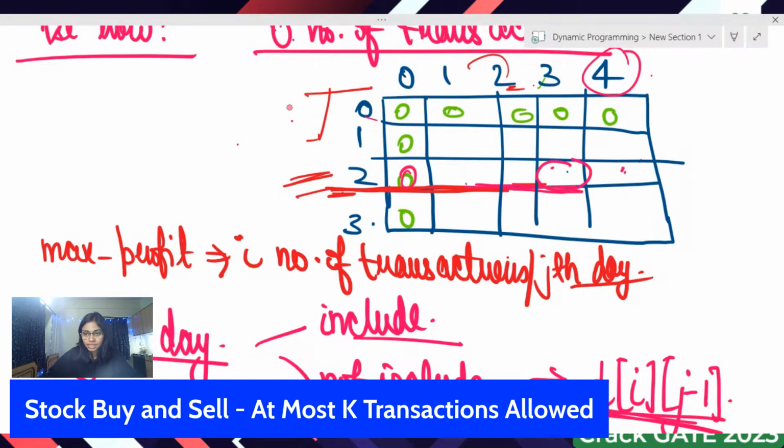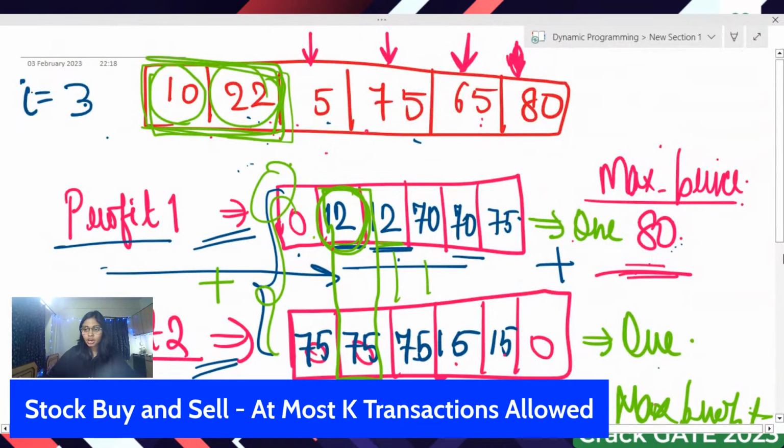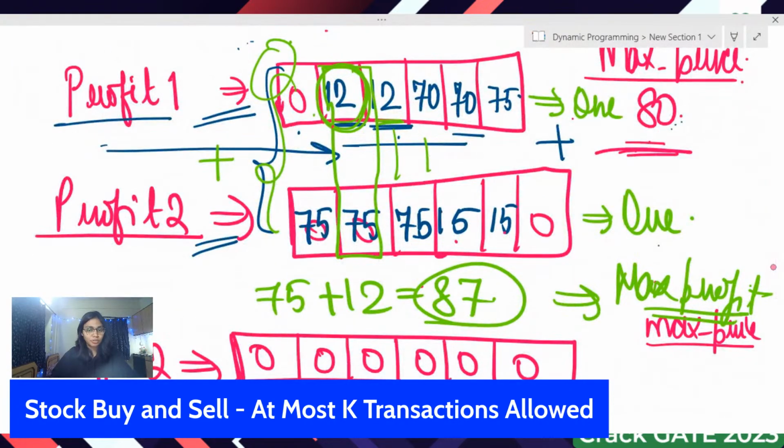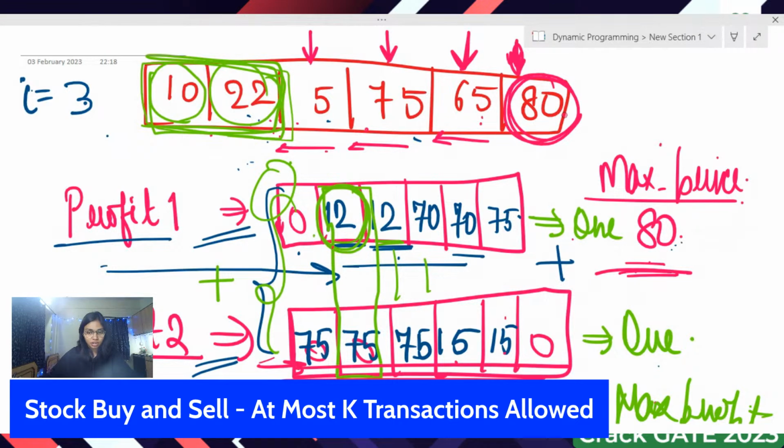If you are making your transaction at this point, when you were linearly traversing the array, when we did that at most two transactions, let me see if we have that page there. Okay, so yeah, this is the page when we were doing this at most two transactions. So what we were basically looking at is that if selling was done at this point, then at what point you should buy the stock so that the profit can be maximum, right? On the basis of that, this table was being filled, right?